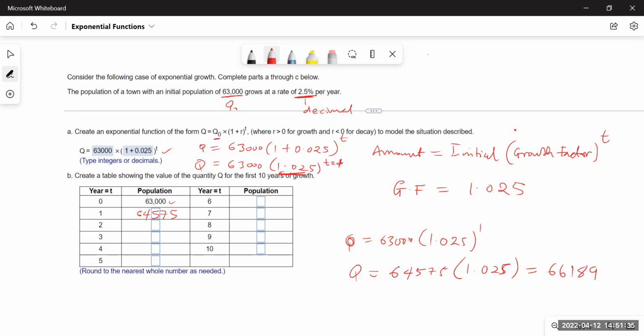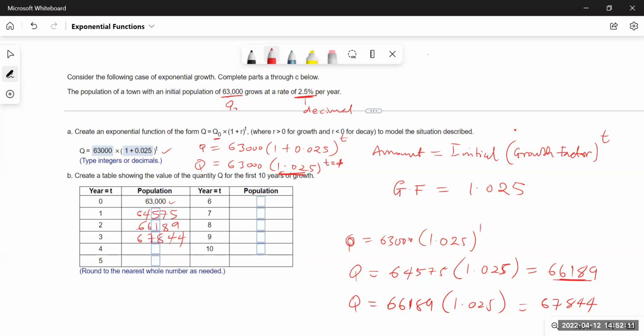So you put that here. Now, for year number 3, just multiply 66,189 by 1.025, and that will give you 67,844. You put that here.